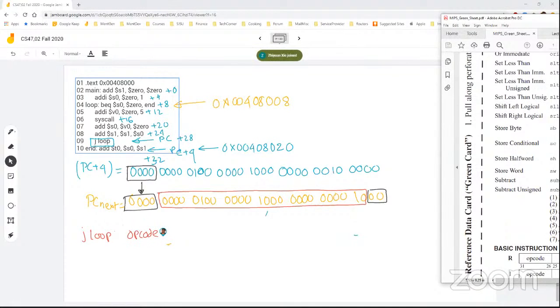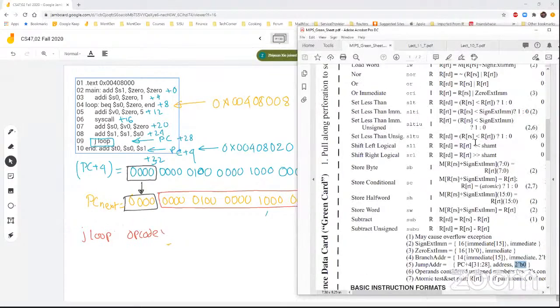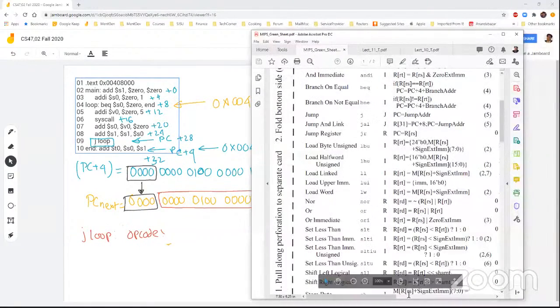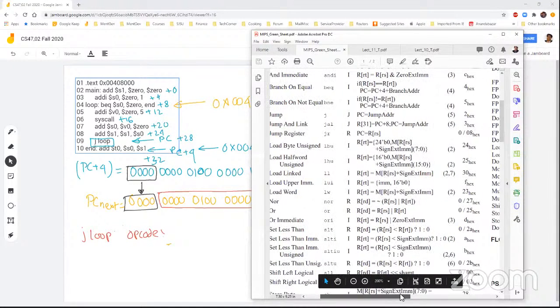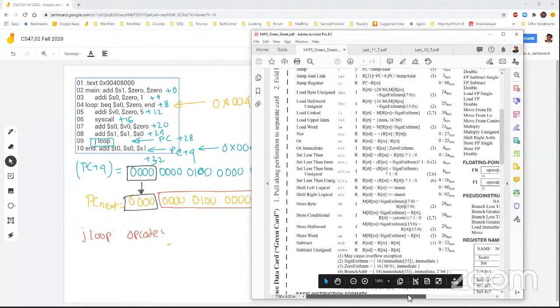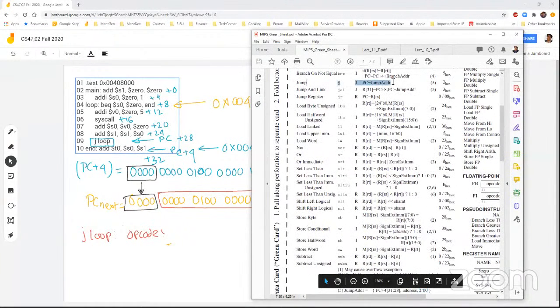So basically the jump opcode is 2 hex, which means it is 000010 in 6 bits.